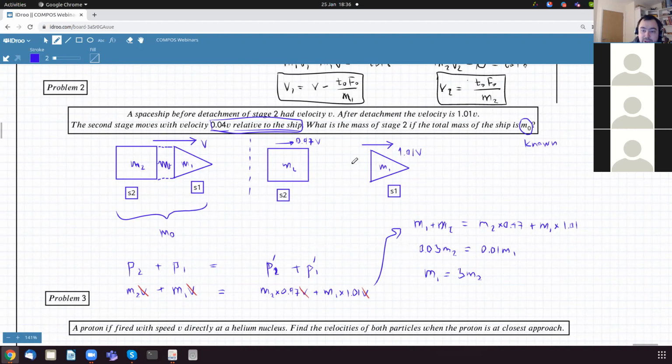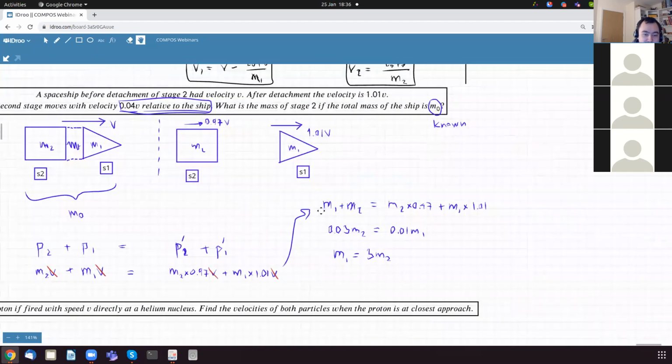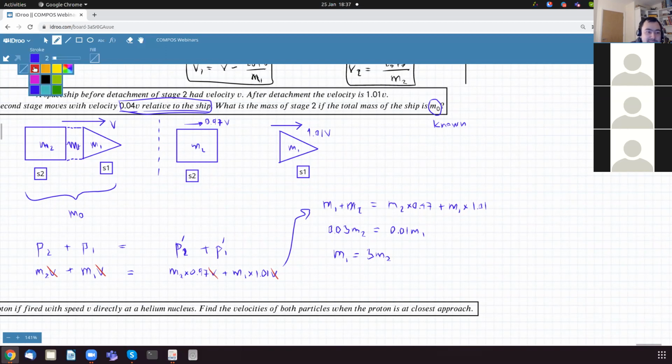So you have to express them in terms of something you already know, which is M0. There are different approaches. By simple observation, you can already tell that M1 is 3/4 of M0 and M2 is a quarter of M0.